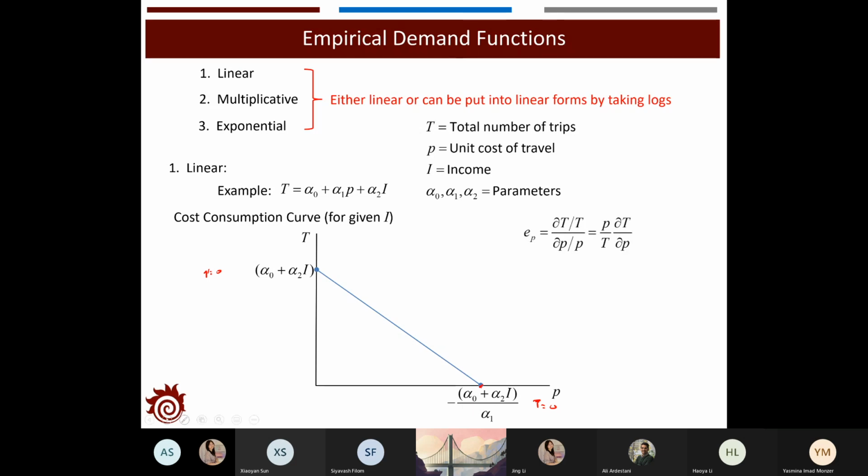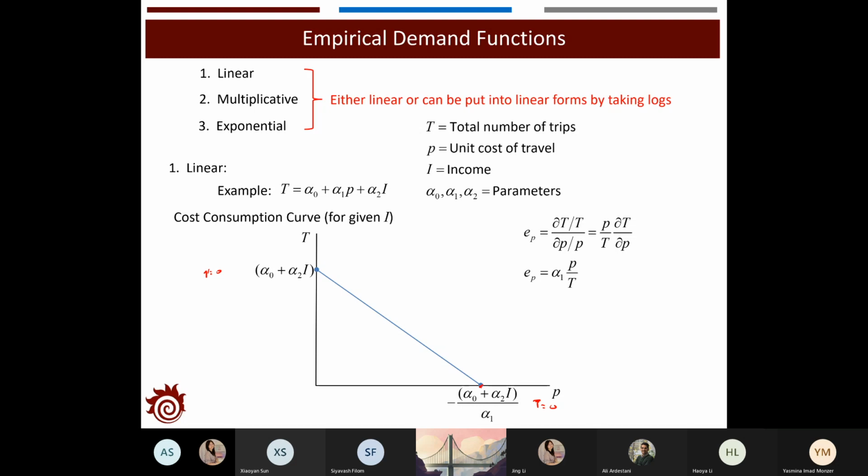And we can then find out the elasticity with respect to the price. If we follow the definitions of the elasticity, you can find the elasticity of the linear equation is alpha 1 times p divided by t. Alpha 1 is the constant parameter, p is the price, t is the total number of trips.